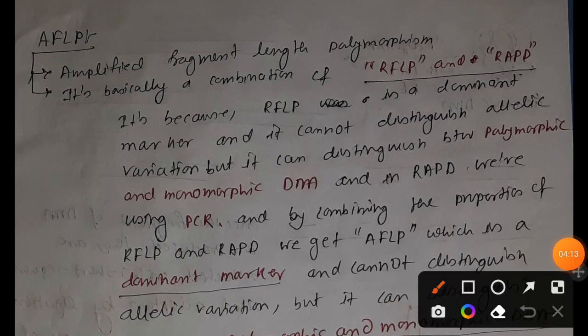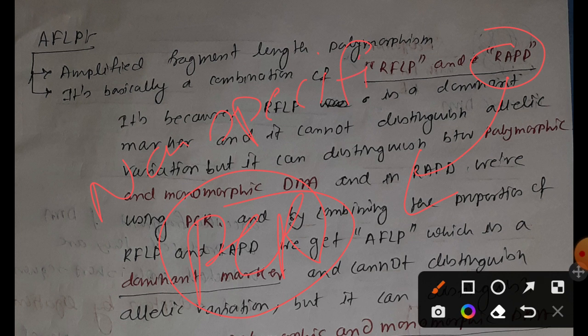Now it is important to talk about RAPD. For now you only have to remember that in RAPD we are using PCR. Another important thing to remember is that RAPD is a non-specific PCR technique. That means the primer we are using is not specific for a particular sequence.